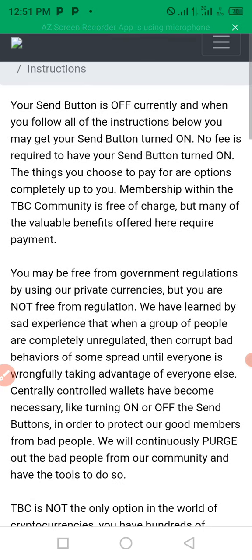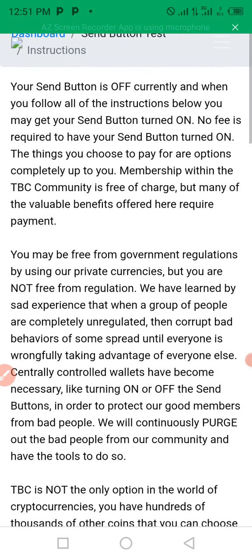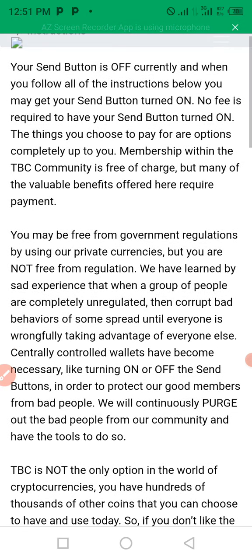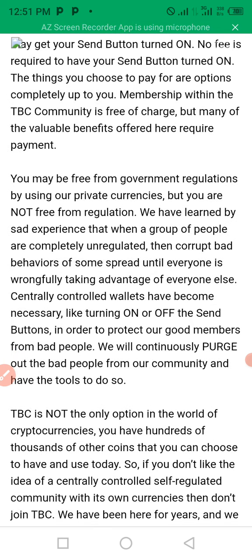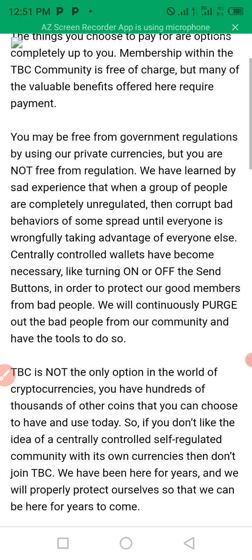you may get your send button turned on. No fee is required to have your send button turned on. The things you choose to pay for are an option completely up to you. Membership within the TBC community is free of charge, but many of the valuable benefits offered require payments.